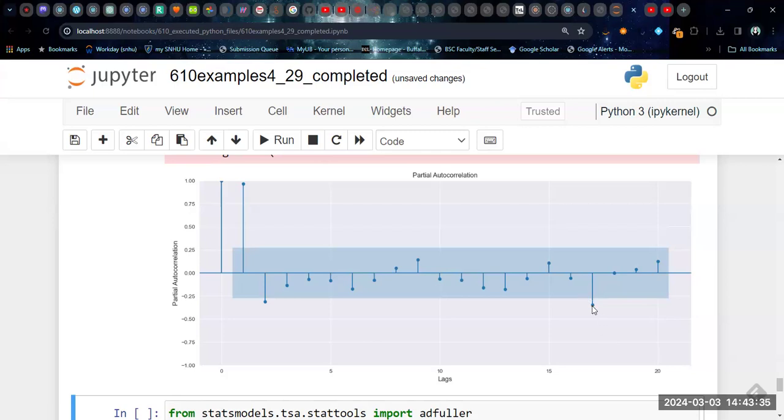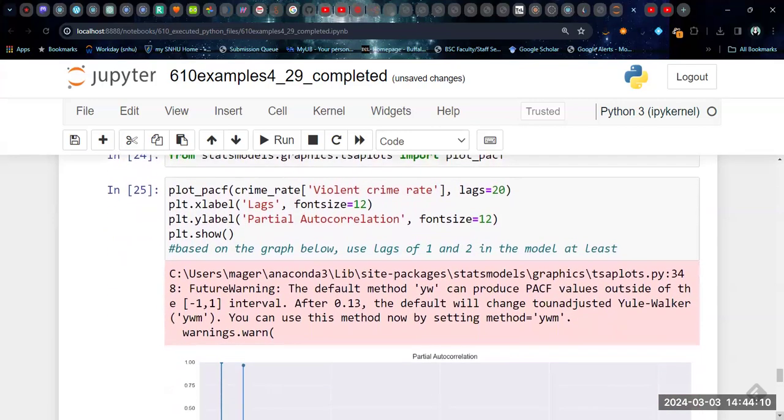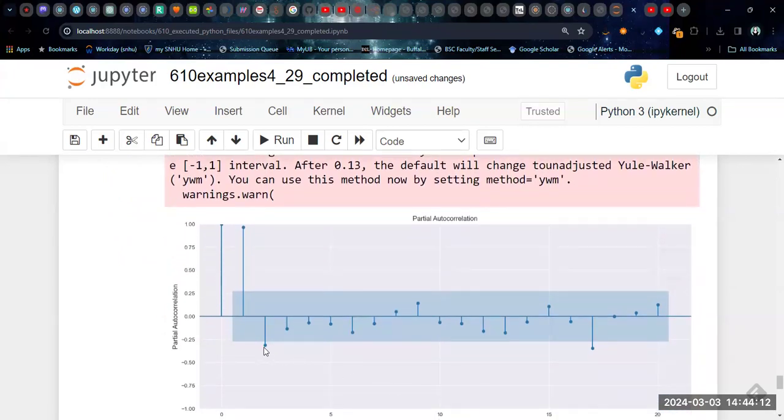We do have potentially one long-term significant value way out here. Obviously, when there are 0 lags, you get exactly perfect autocorrelation. But then we see that 1 step out, there is very high correlation. 2 steps out, we see this negative correlation, and that corresponded to our coefficients. So a positive coefficient for lag 1 and a negative coefficient for lag 2 matches that negative autocorrelation.